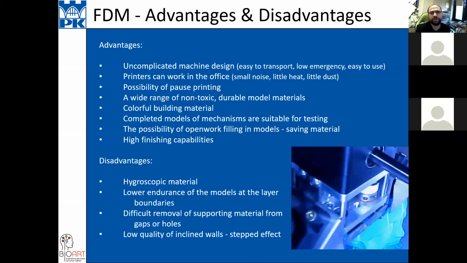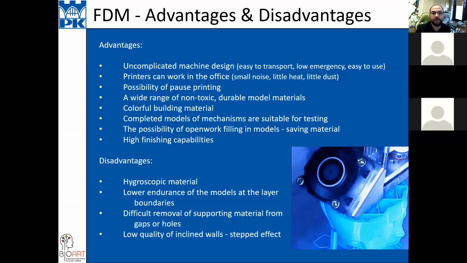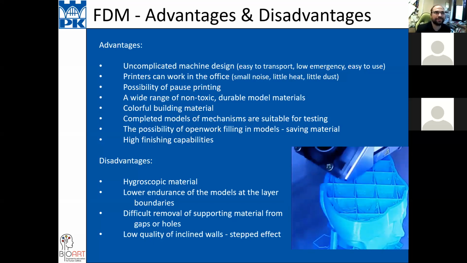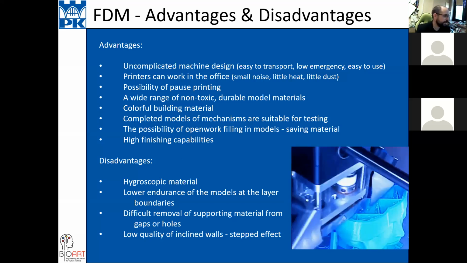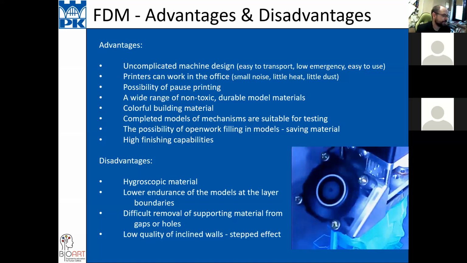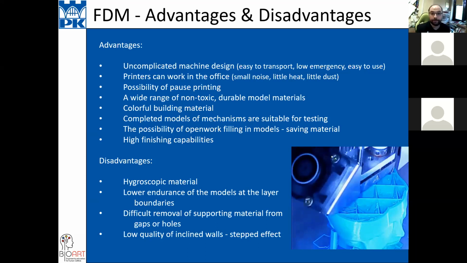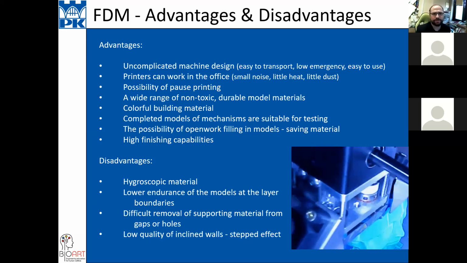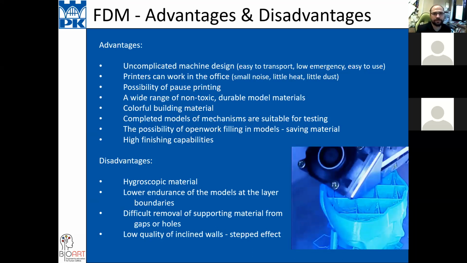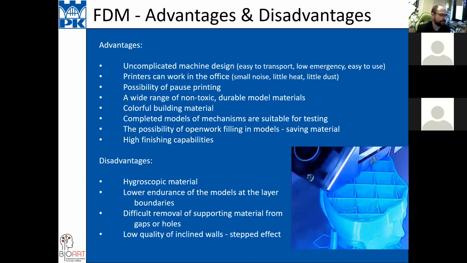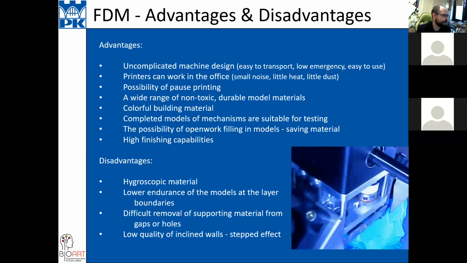You can use different kinds of supports, tree supports or smart supports, which are more popular now. And you have low quality of inclined walls, the stepped effect. But in modern times, this stepped effect is less than a few years ago, because the devices are much better.